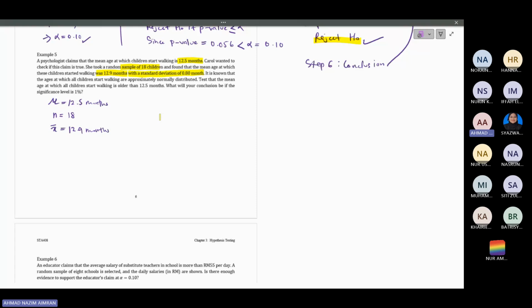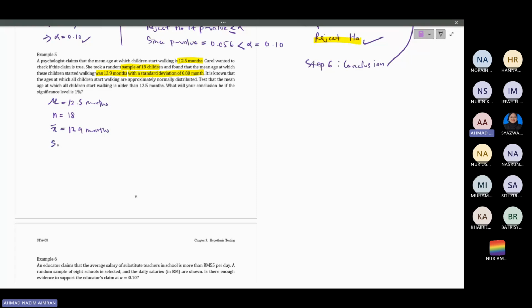If you read, the sentence continues: these children started walking was 12.9 months with a standard deviation of 0.8 months. So this standard deviation is referring to the sample and not the population.